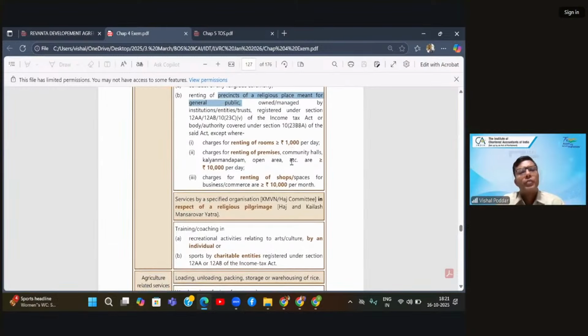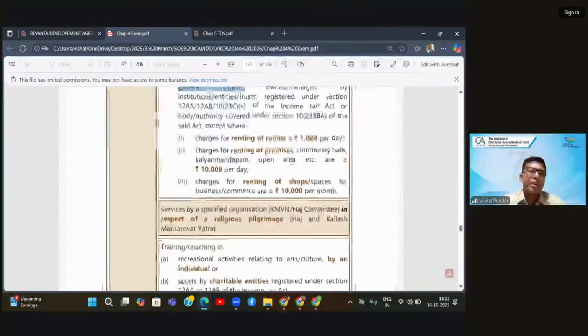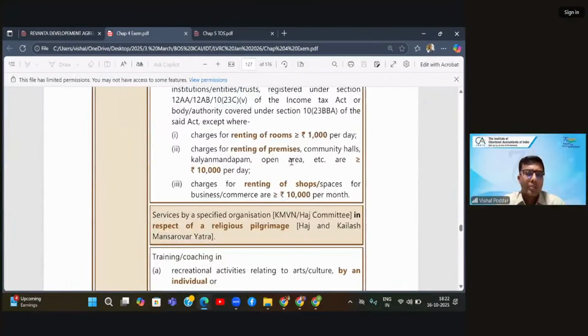The rent of these premises is exempted from GST if it is up to a certain limit. What is that? Where you are hiring it as accommodation, the rooms where the rent is not exceeding 1,000 per day will be exempt. But where the rent is 1,000 or more, it will be taxable.